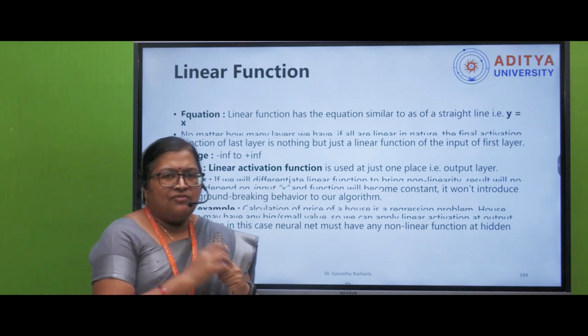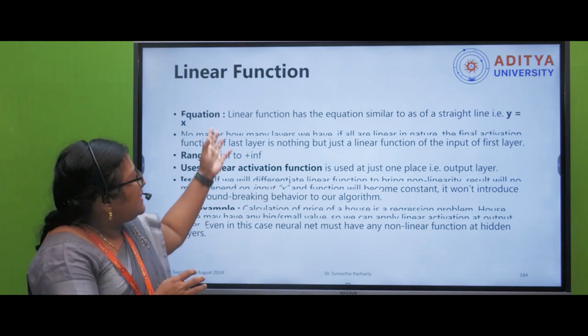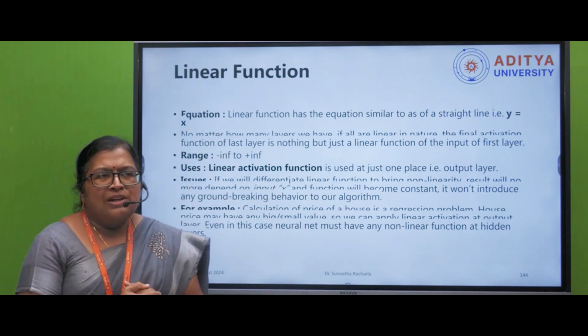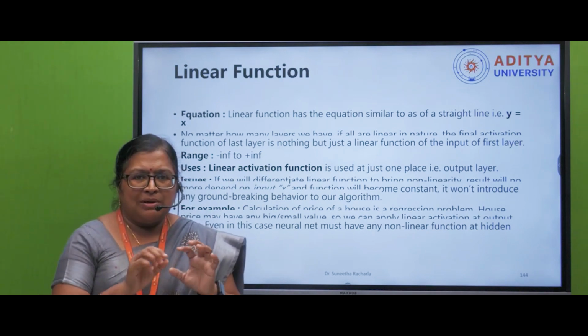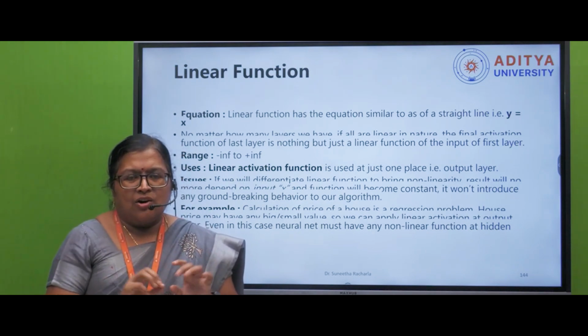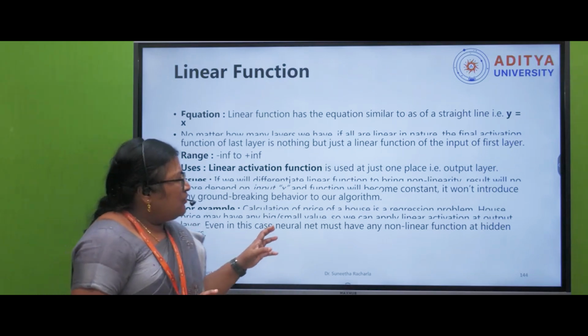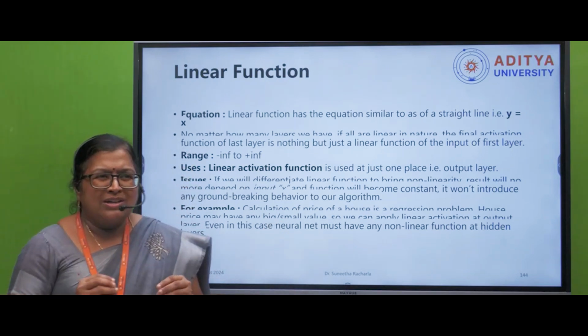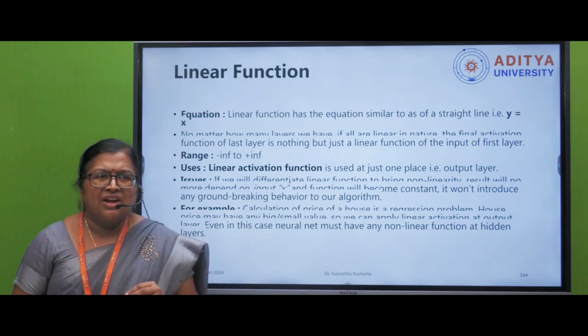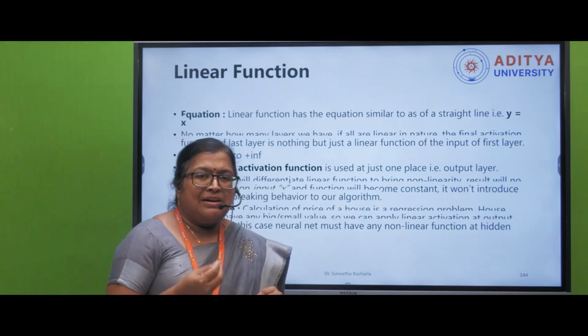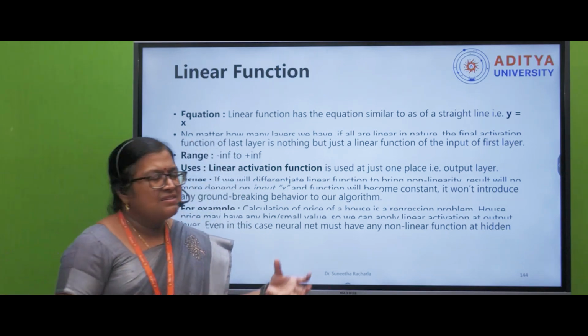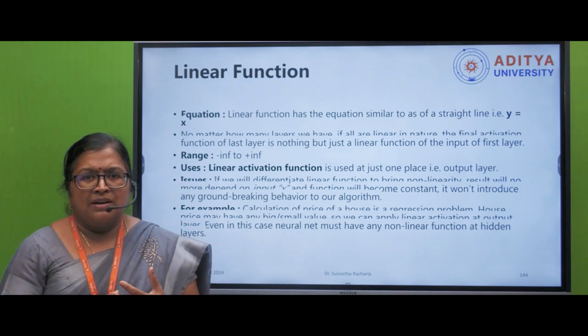The first activation function is the linear function. A linear function is just a normal straight line, y equal to x. Whenever we are doing simple problems or using regression analysis, we use this linear function.